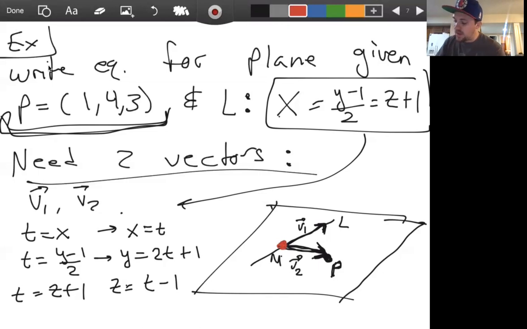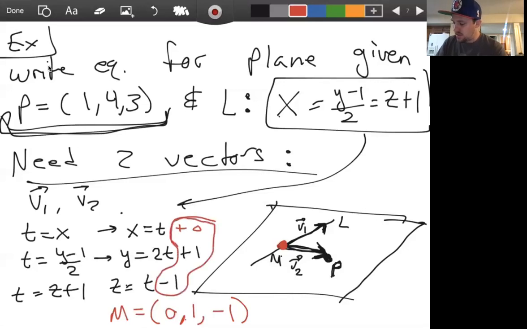And how do we find this base point here, right? We're looking for this point M. How do we find this? Well, M is simply what we would get when t is 0. And when t is 0, we get the point (0, 1, -1), because we just take the constant terms here to get our point.